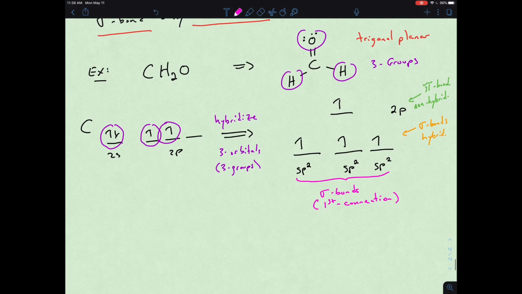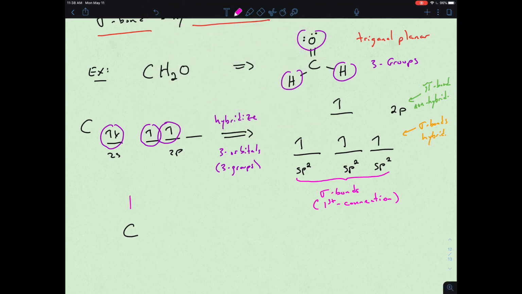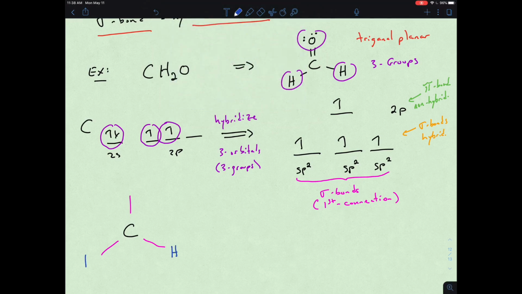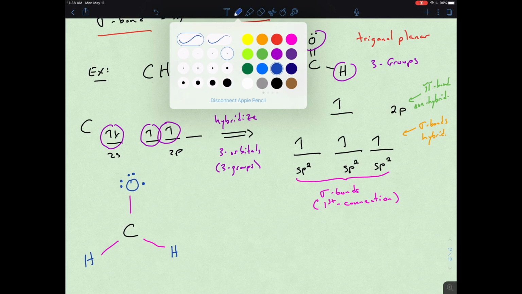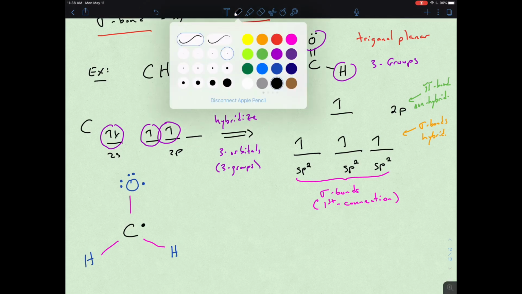connection. So if I look at my carbon atom, it's going to have then those three groups set up in such a way for that trigonal planar structure. If we count up electrons, oxygen still has one that's unpaired, and carbon as well has one that's unpaired.